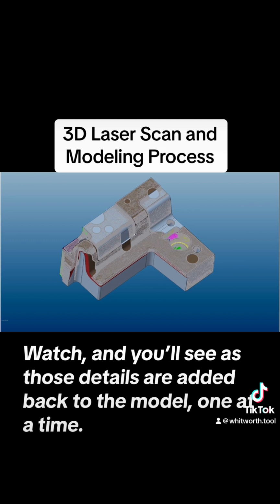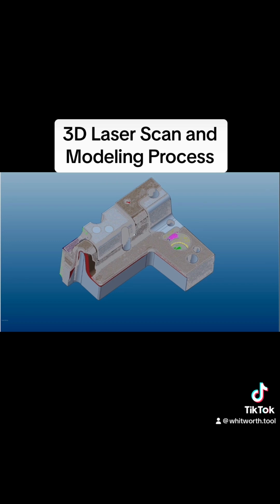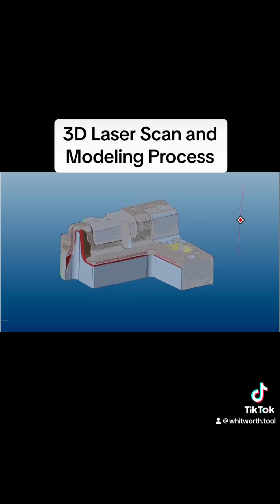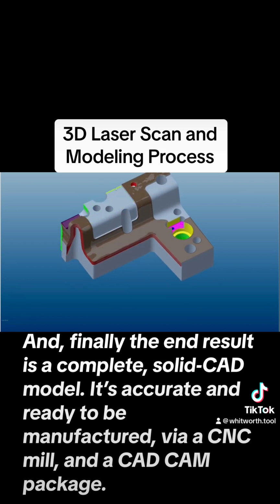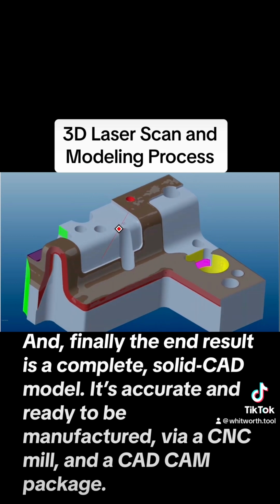Watch, and you'll see as those details are added back to the model, one at a time. And finally, the end result is a complete, solid CAD model. It's accurate and ready to be manufactured via a CNC mill and a CAD/CAM package.